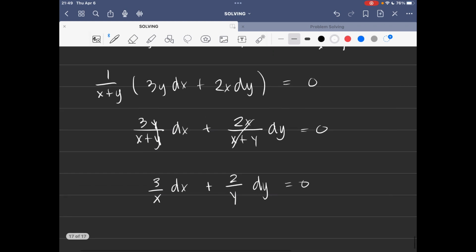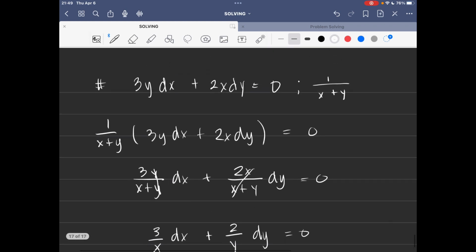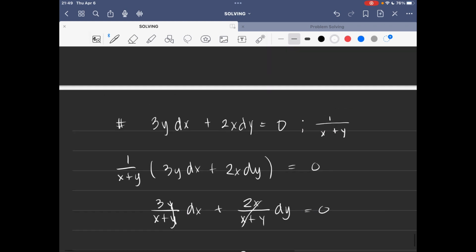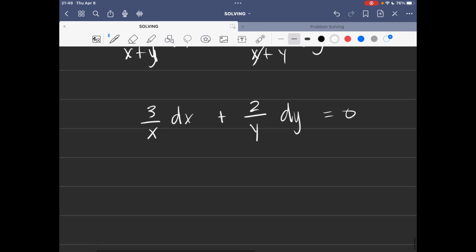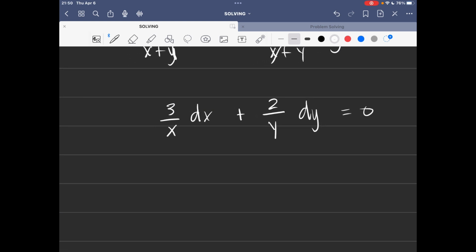Then both of them look simple, so we are just going to use M. So x is equal to vy, dx is equal to y dv plus v dy.